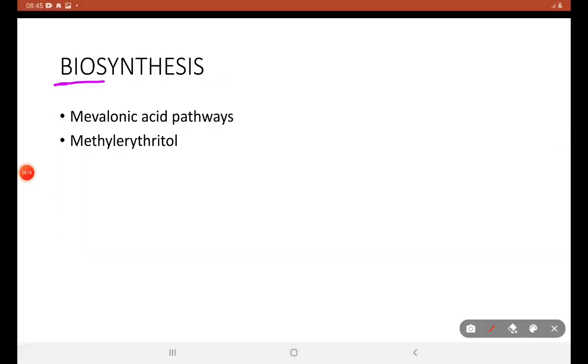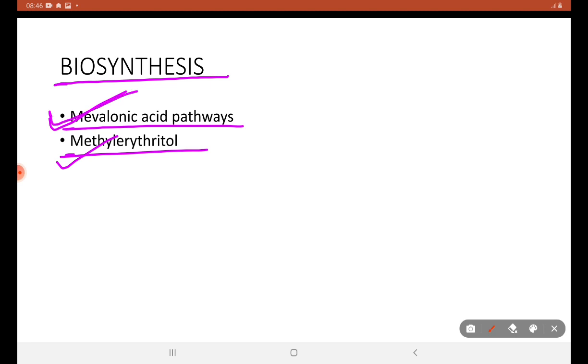Now we are going to see the biosynthesis of terpenes by two pathways. One is the mevalonic acid pathway and the other is the methyl erythritol pathway. What is the mevalonic acid pathway?